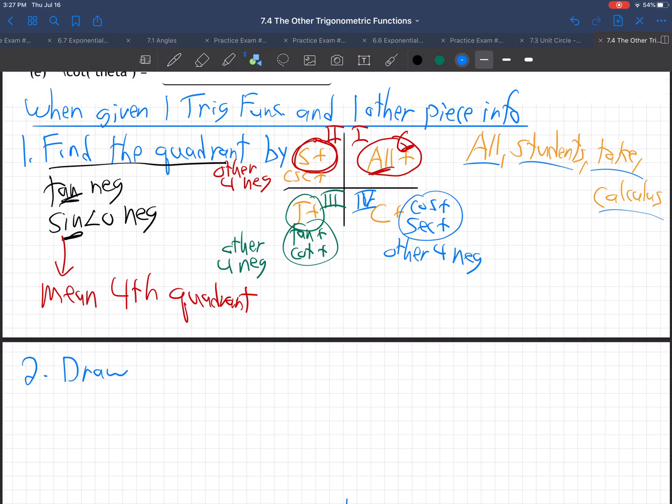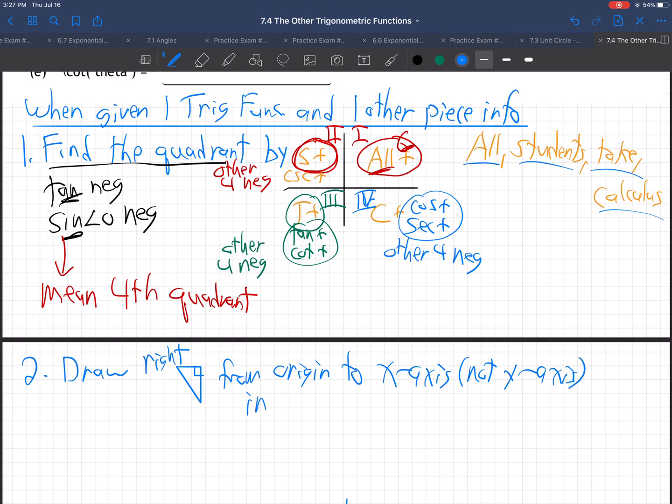Now we're going to draw our right triangle. So right triangle from the origin to the x-axis, always the x, not the y-axis. That's important to get the right angles in that quadrant.